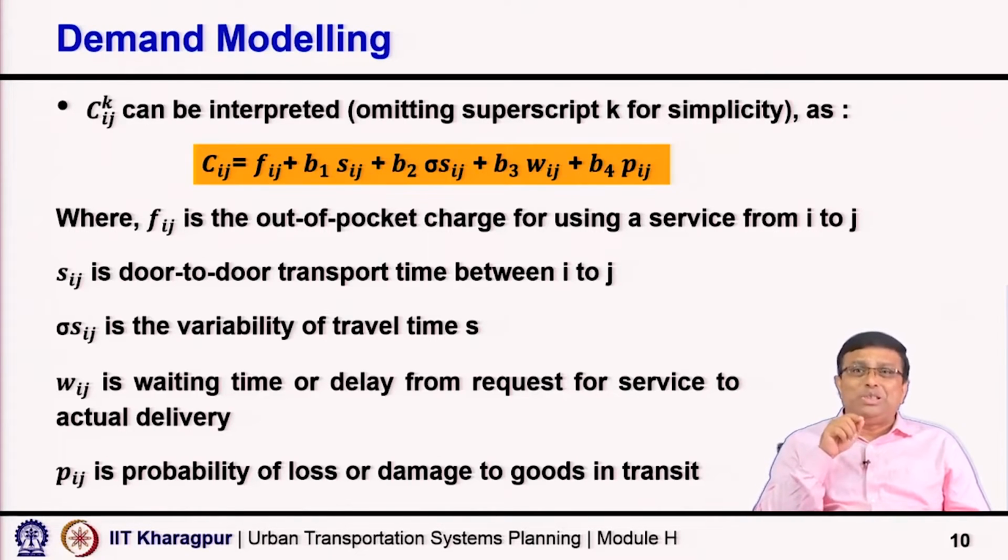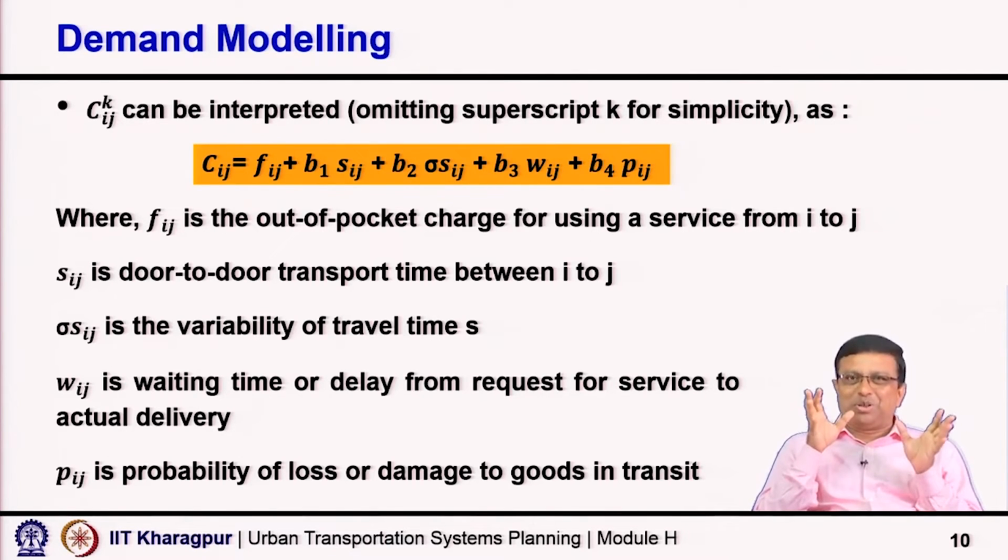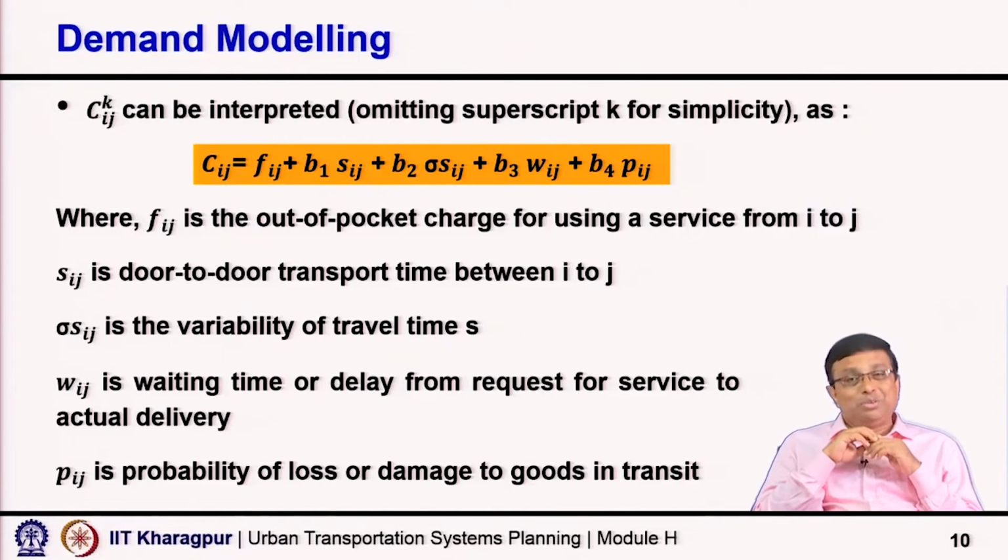These are all very unique to goods transport. So, conceptually we are still applying a gravity model, but the way the cost is defined is very specific to goods movement, and this cost depiction is very different from what we used earlier for passenger transport.